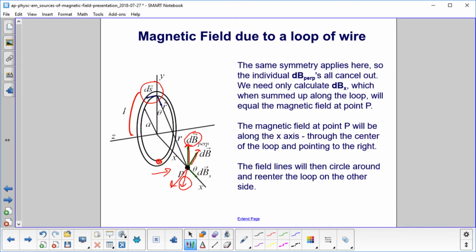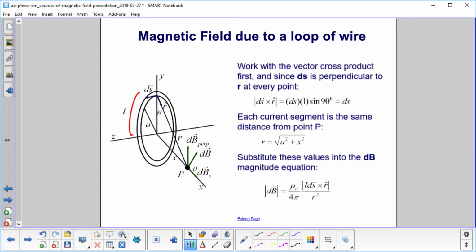So the magnetic field at point P will be solely along the x-axis. It will point from the center of the loop to the right along the x-axis. So it'll be going in that direction. The field lines, right, because these are magnetic field lines, not electric field lines, will go out, come around on the other side, and come back in.